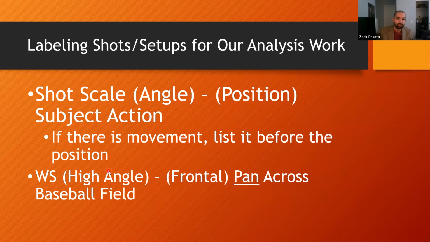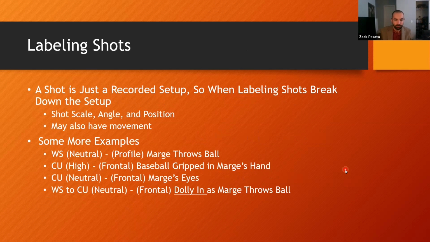It's a high angle, frontal position, and then the movement is pan across baseball field. Now, we're not even in movement yet, so I could also just do wide shot, high angle, frontal, baseball field. It's the subject. Now, if someone's walking across the baseball field, I'll do wide shot, high angle, frontal, Bob walks across baseball field.